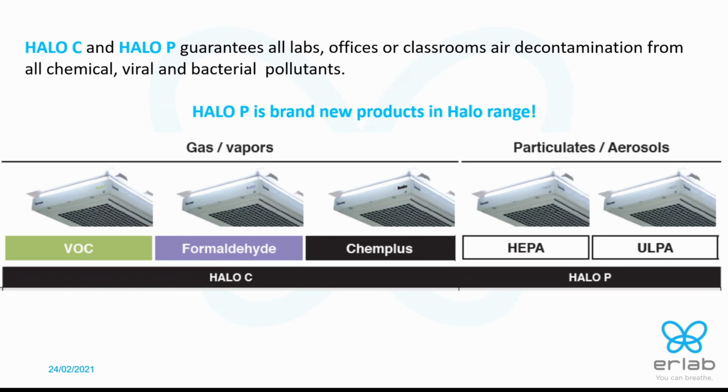And the Halo P is aimed at filtering and decontaminating rooms like offices, like patient rooms in residences, or like in healthcare facilities. So it can capture the bacteria and the viruses.